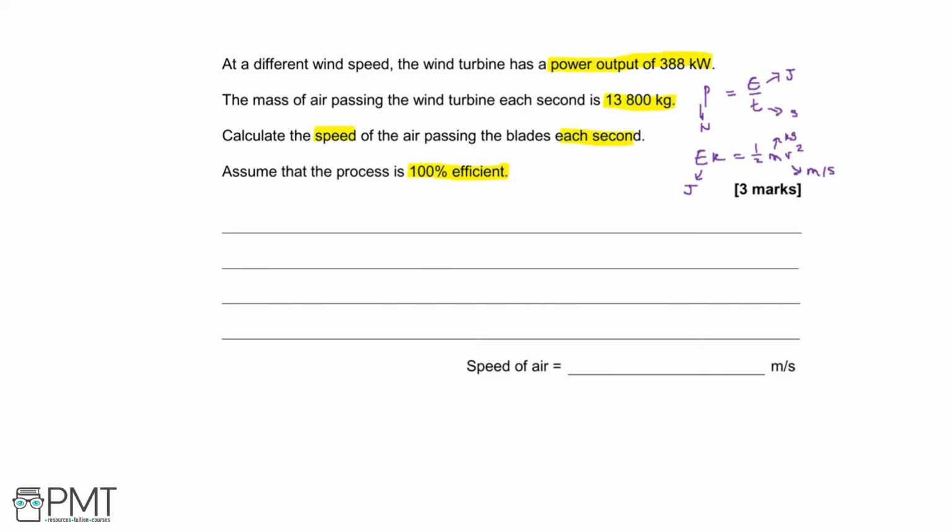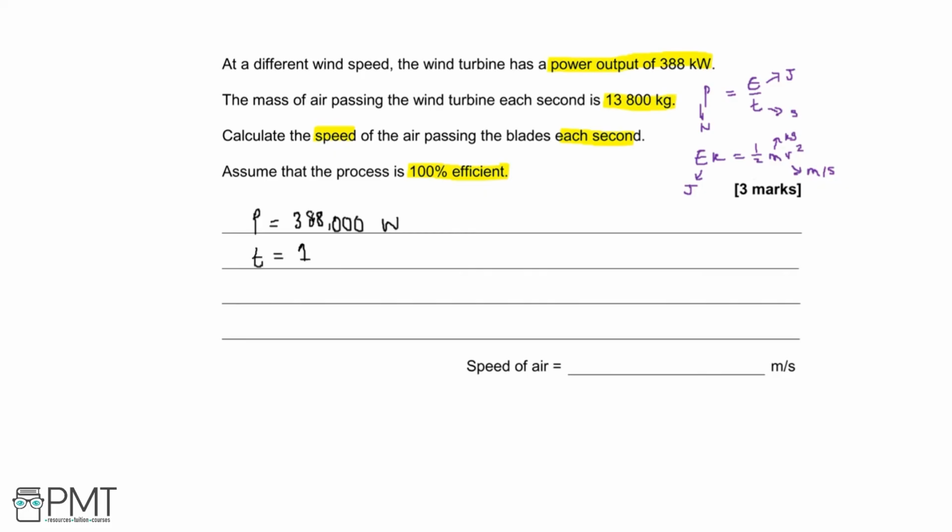Firstly, we write down what we know, and then we connect these variables using these 2 equations. We know power, because 100% of the power has been transferred usefully to the air. So we know 388,000 watts, remembering that we need to use watts because this is our unit for power, has been transferred, and we know that T equals 1.